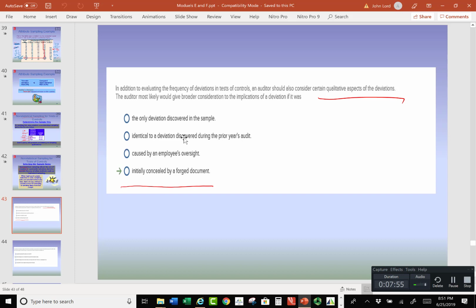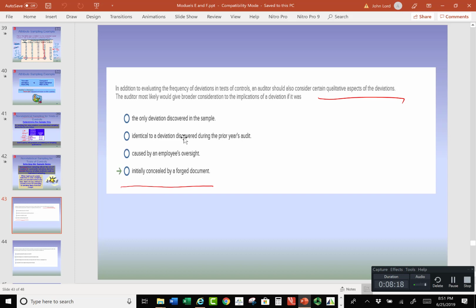Identical to a deviation discovered during the prior year's audit? No, because I already have an expectation of what goes on with that client. They've got this problem, so I design my audit around that problem. Caused by an employee's oversight? Well, it happens. That's why I'm testing the controls, right?